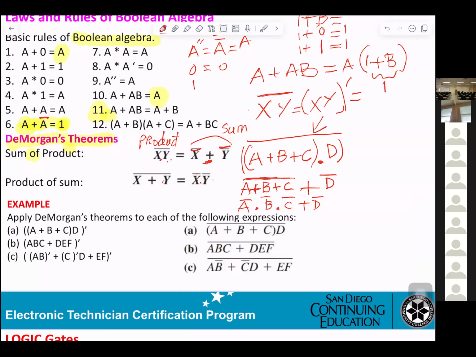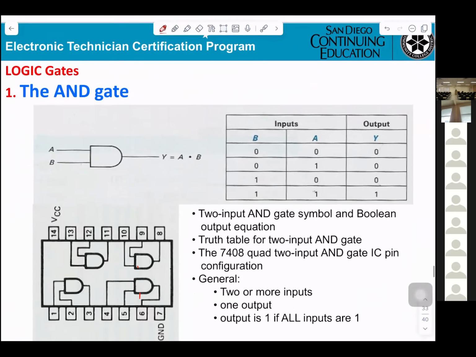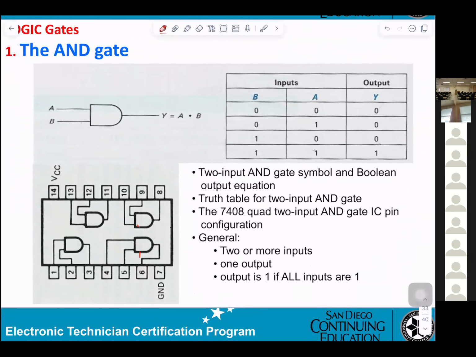Now, this is the real thing, what deals with your lab. First thing, they talk about the AND gate. If you look at the symbol, they draw this one.